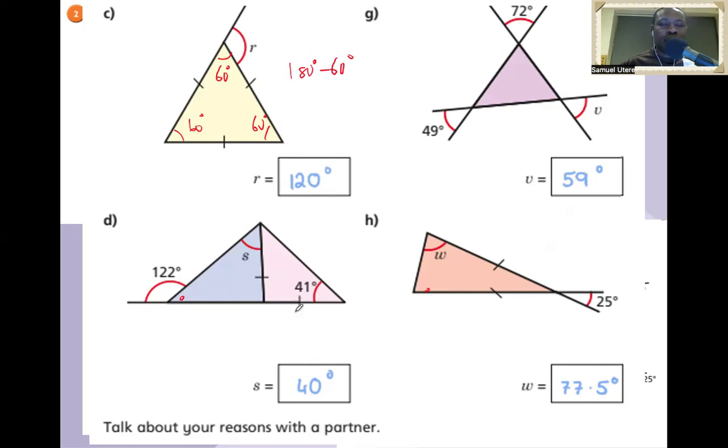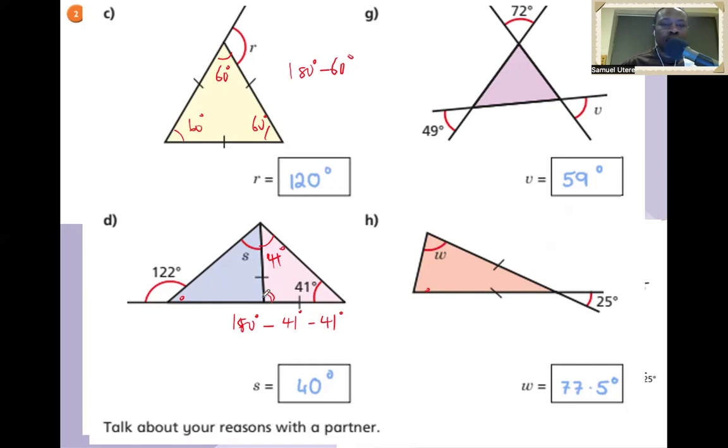For D, we know that this is 41 degrees. We can see these hatch marks here, which means this angle is 41 degrees as well. Now, to get this angle, we can do 180 degrees minus 41 degrees minus 41 degrees. That will give us this angle here.